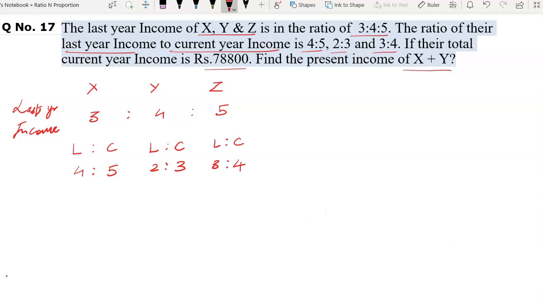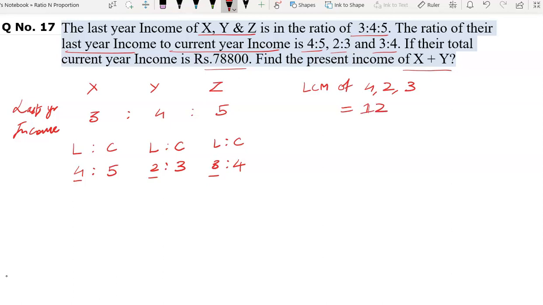So in such type of questions we will take the LCM of the last year income of X, Y and Z. So LCM of 4, 2 and 3. LCM will be 4 3s are 12.